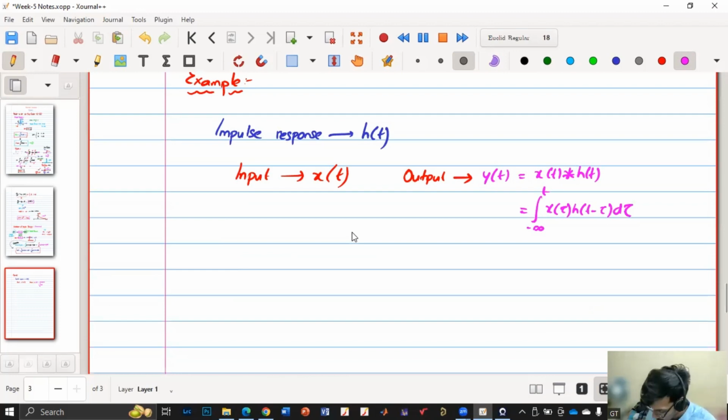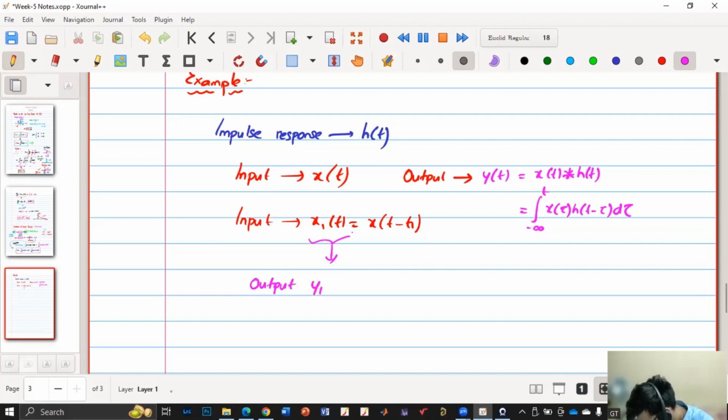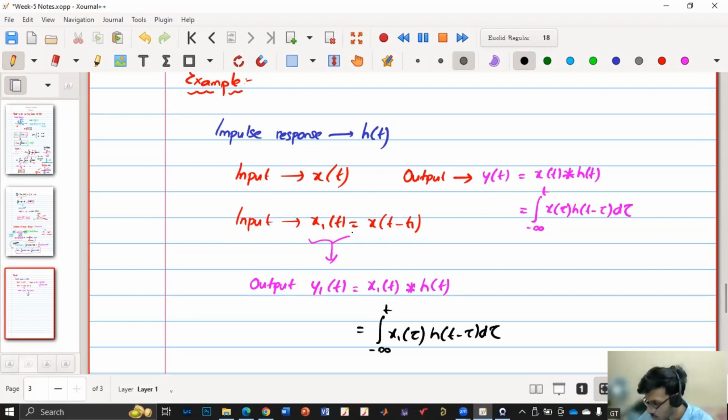Now if I consider another input, x1 of t equal to x of t minus t1. For this x1 of t, my output y1 of t is equal to x1 of t convolution h of t, which is integral from minus infinity to t of x1 of tau h of t minus tau d tau.